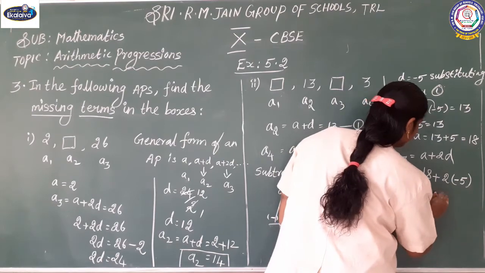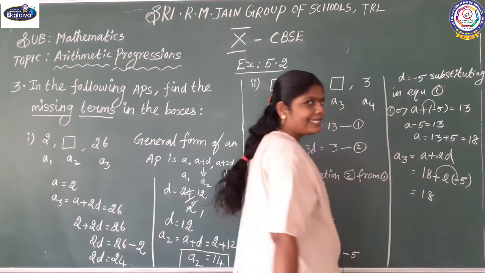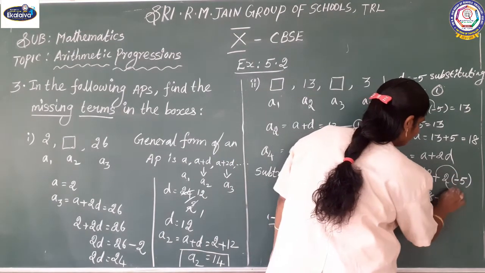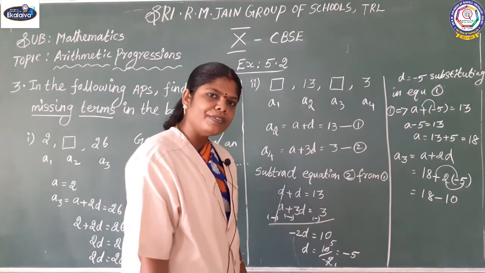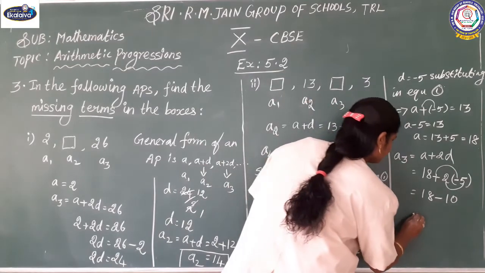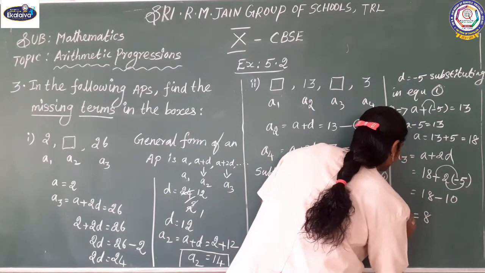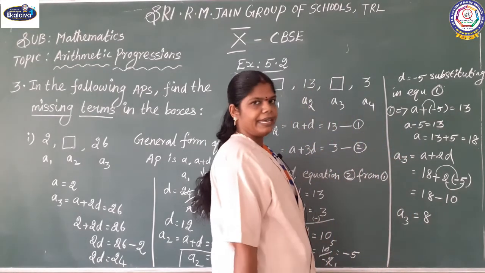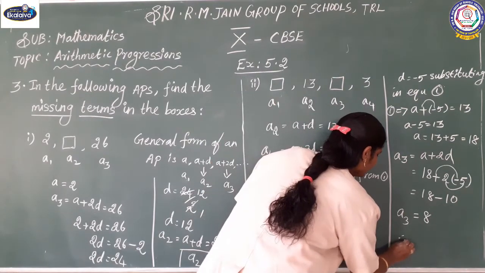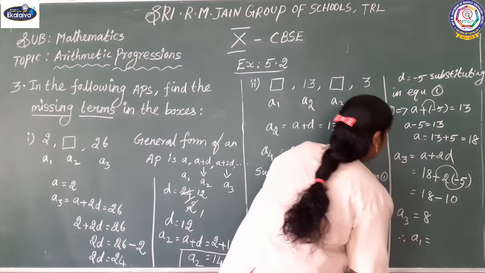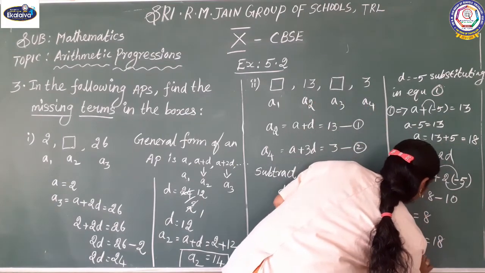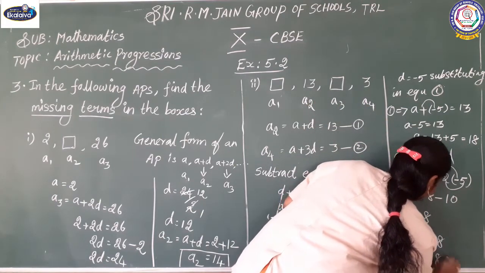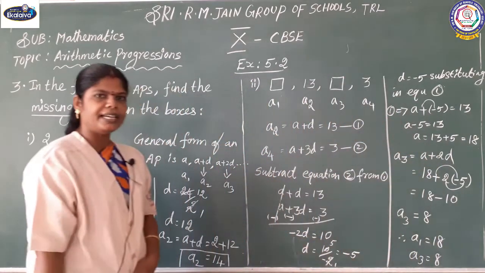So 18, okay, plus into minus, minus 2 5s are 10. So 18 minus 10, what will you get, children? 8. So A3 equal to 8. Okay, so here the first term A1 equal to 18, A3 equal to 8. This is the answer. You understand, children?